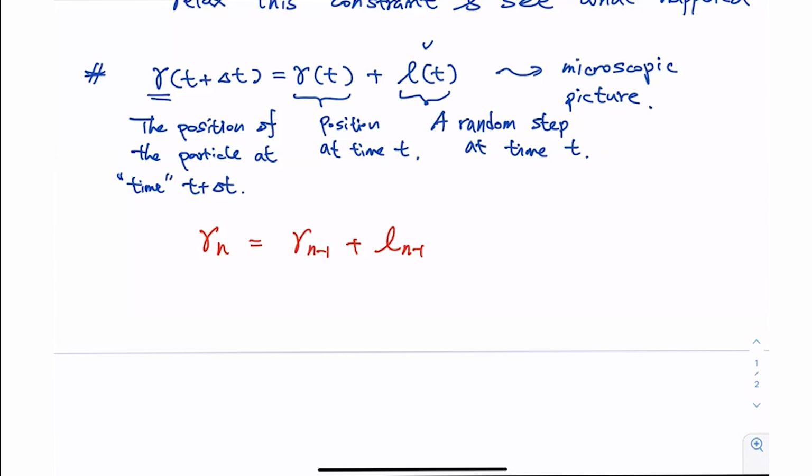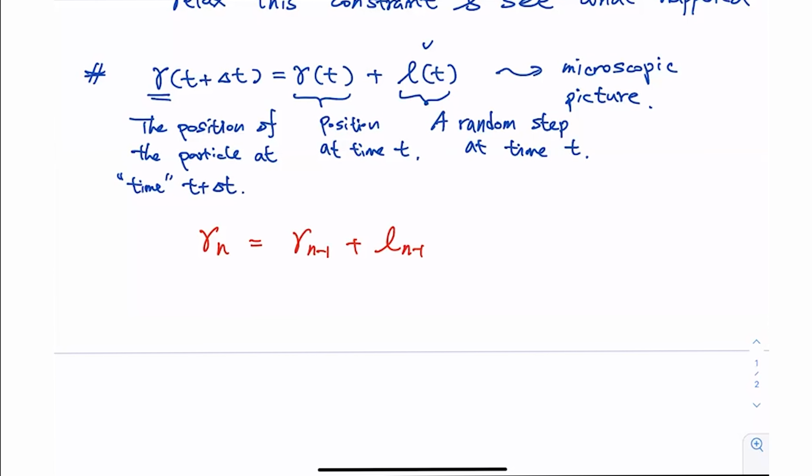So that's basically the logic. At this point, we are just specifying what these particles are doing at the microscopic time scale. Are there any other questions? Okay, good.